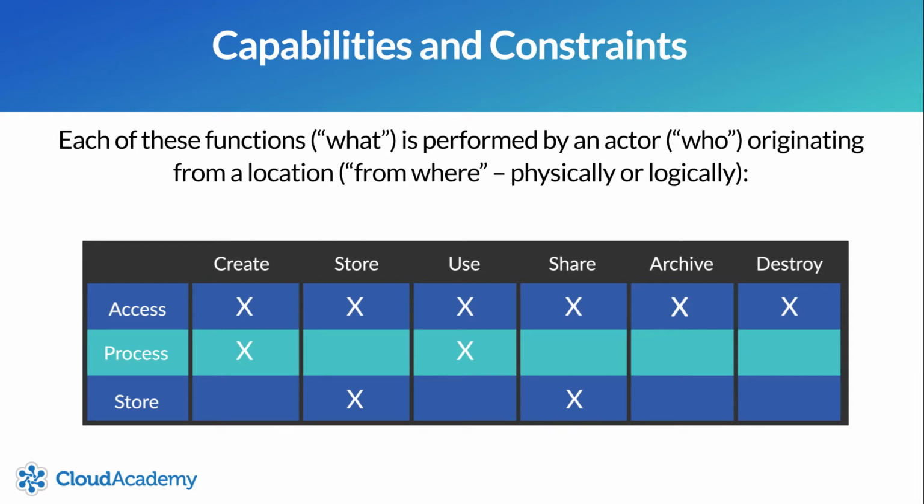And then across the top, we have the basic qualities: create, store, use, share, archive, and destroy, representing the spectrum of capabilities that are available. The X's in the boxes are arbitrary ones, just to illustrate the combination of things.